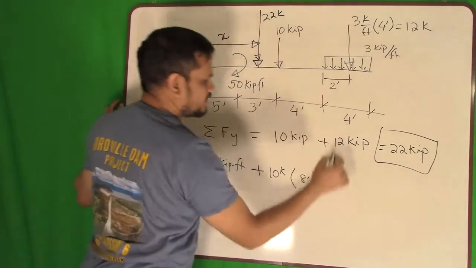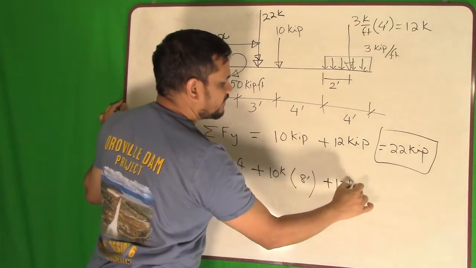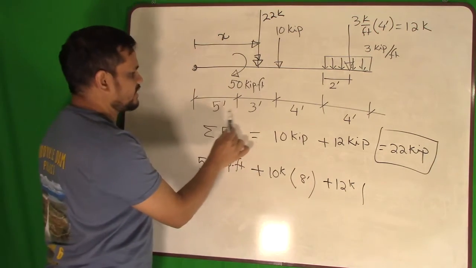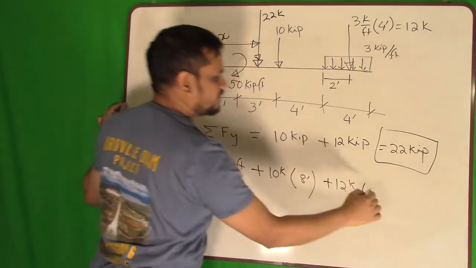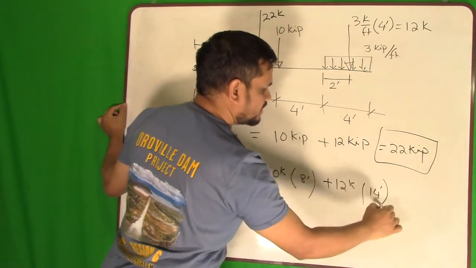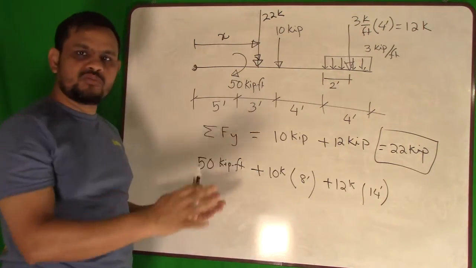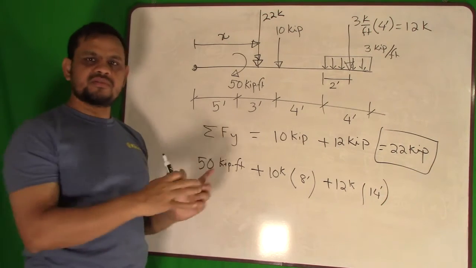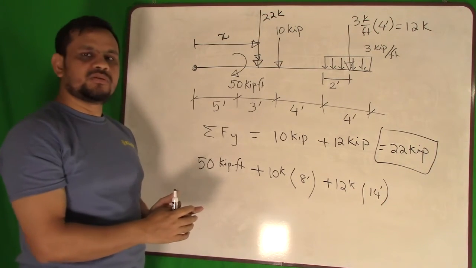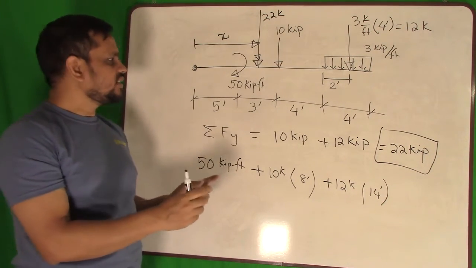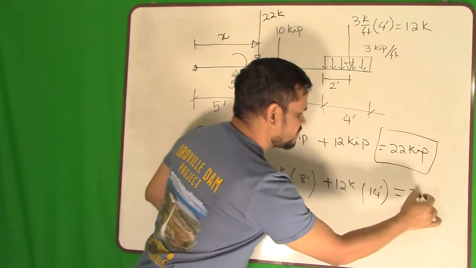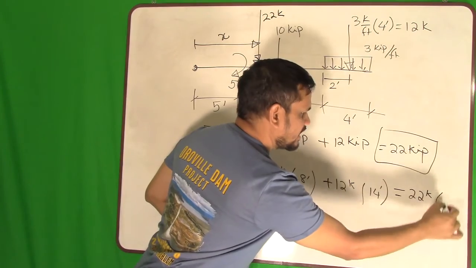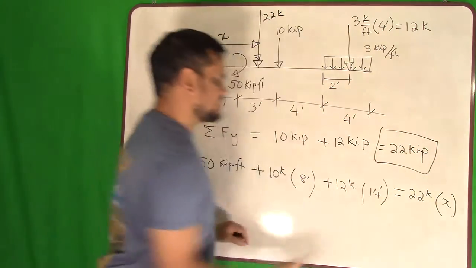Other is this one, 12 kip. The distance is 8 plus 4, 12, plus 2, 14 feet. That is the total moment produced by the given forces. It must be equal to the moment produced by the resultant, which is 22 kip times my x.